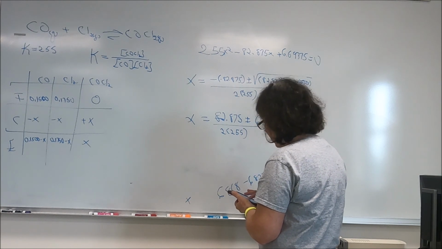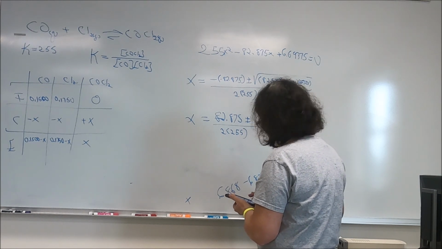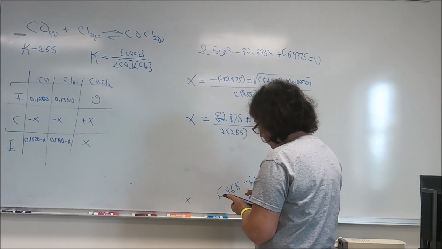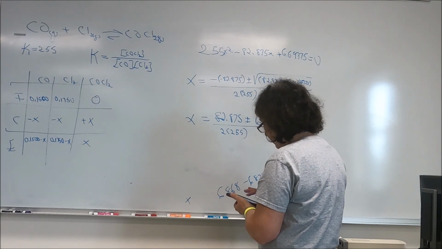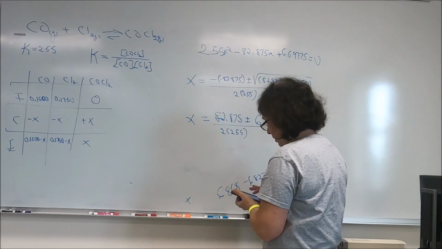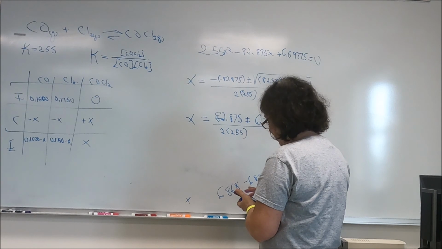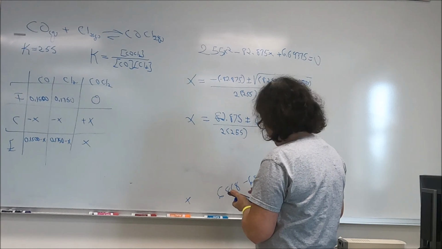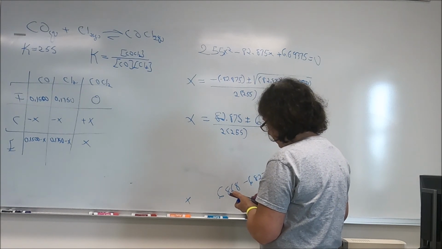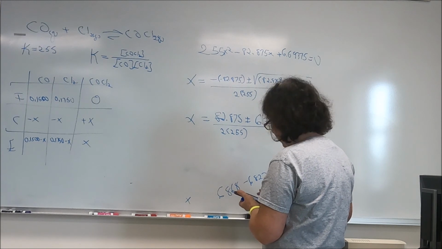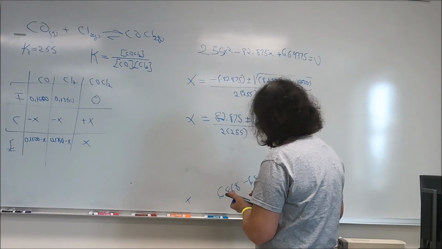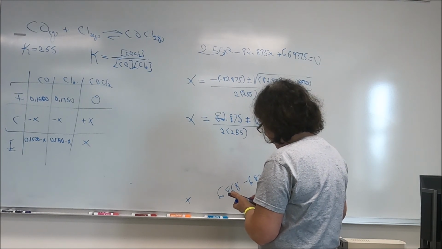Okay, come on. 82.875 minus 6.36 divided by 2 divided by 255. So I get one answer of 0.15. 82.875 minus 6.36.